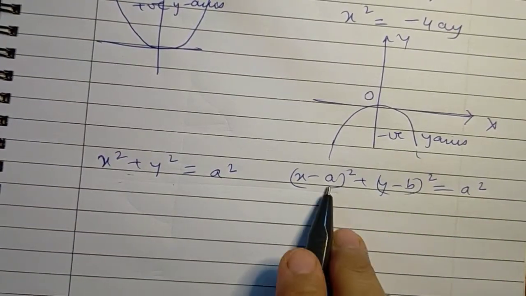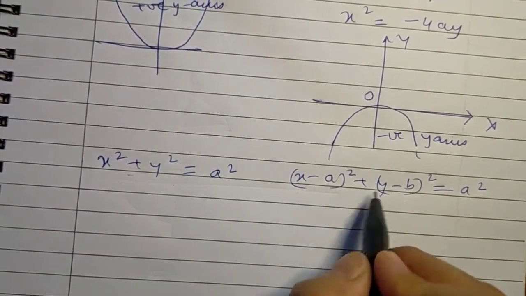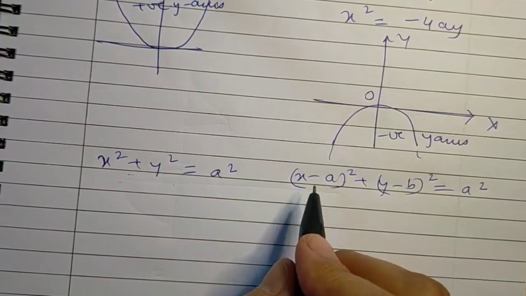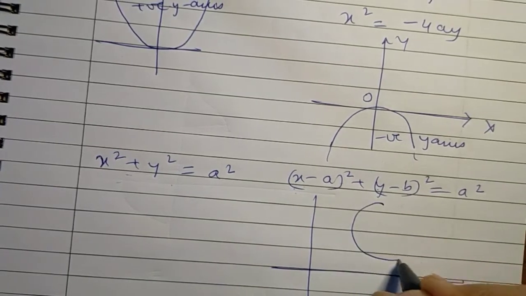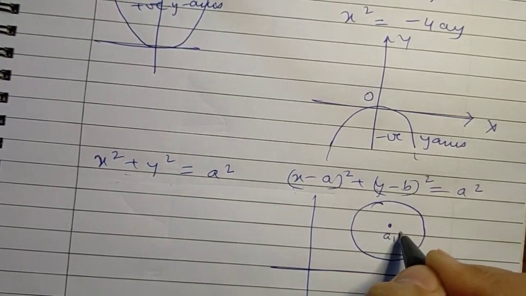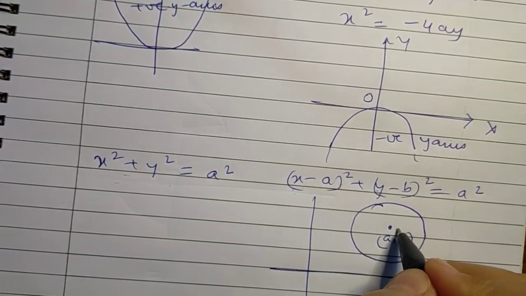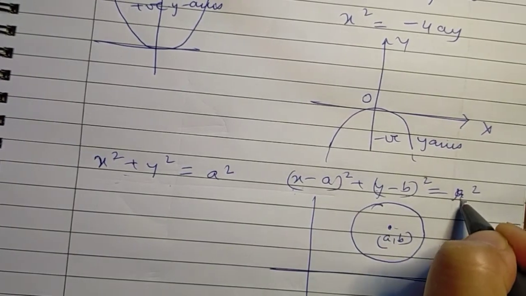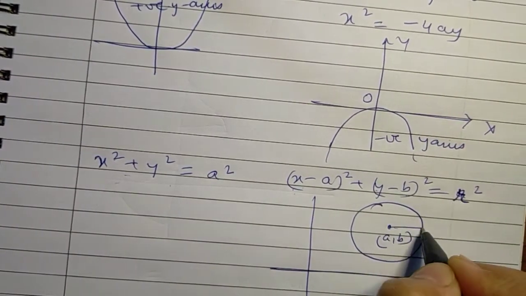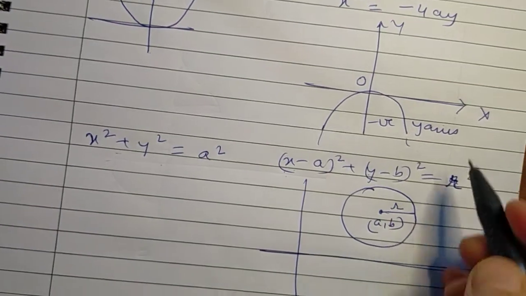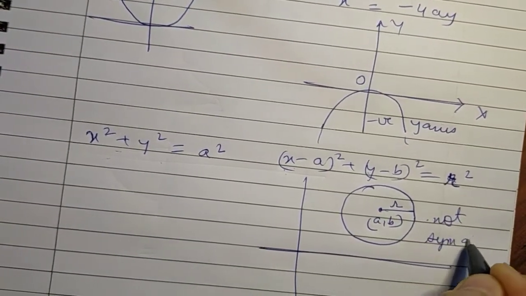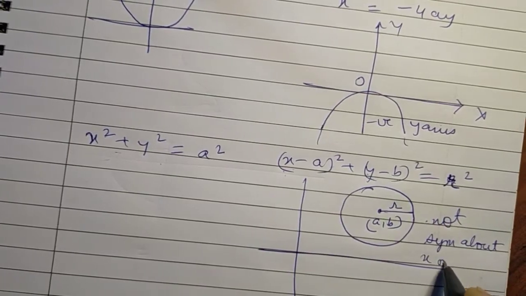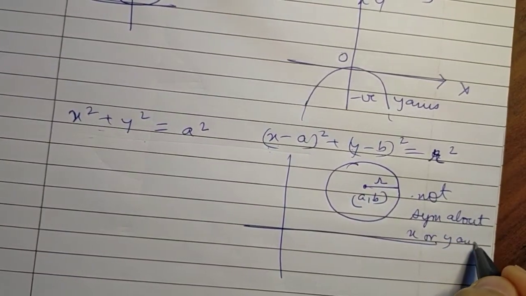When you open this, you will have both x and y in even as well as odd powers, and so this represents a circle with center at (a, b) and radius r. So this is not symmetric about the x or y axis.